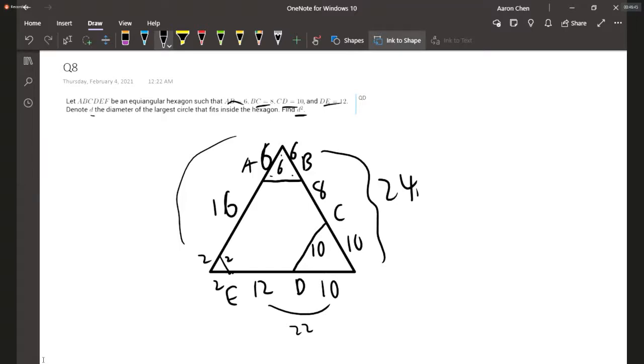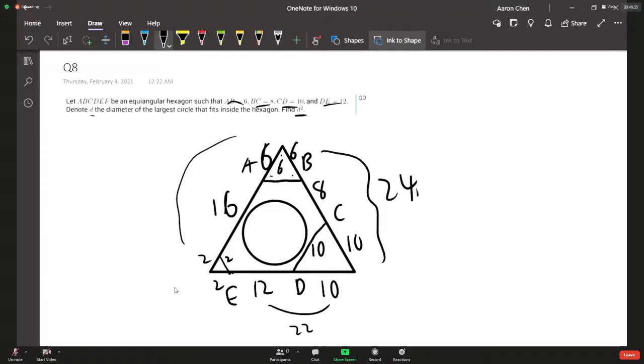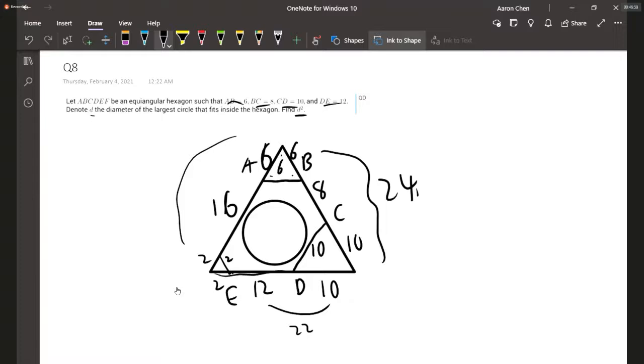To find the largest circle that fits inside, clearly it must be something that fits like this. Both of these lengths are equal to 14, and this is the diameter. If we look at it like this, this is 60 degrees, and this is 14, and this is the diameter.